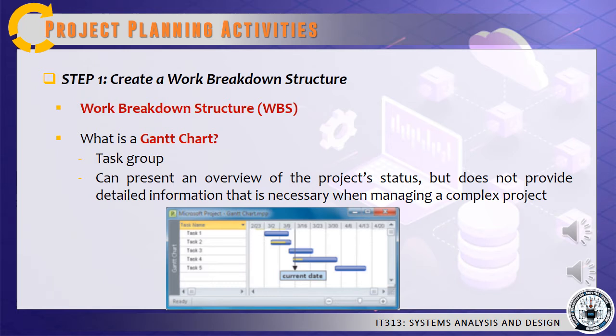Gantt charts can present an overview of the project status, but they do not provide enough detailed information, which is necessary when managing a complex project. Most project managers find that PERT CPM charts, which are discussed in the following section, are better tools for managing large projects.